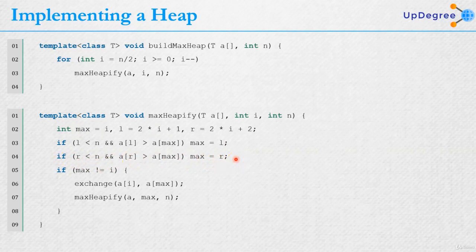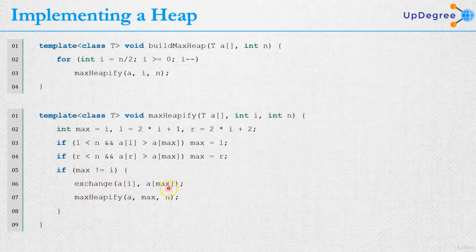So at the end of these steps, which is line 4, we will have max denoting the index of the maximum of the elements at index I, index L and index R. So then we check if max is not equal to I. If max is equal to I, we do not do anything because the maximum element is already at index I. There need not be any exchange of values. But if max is not equal to I, then we have to exchange A[I] and A[max], as we saw when we saw the process of building a heap.